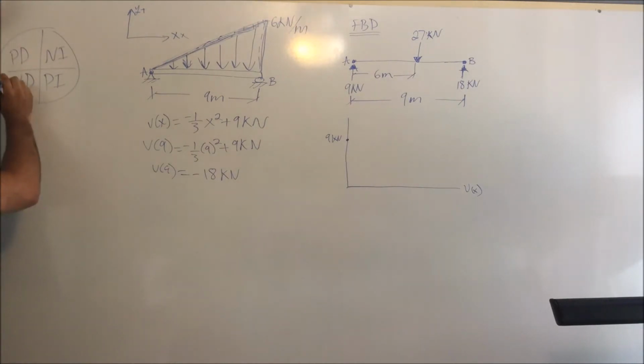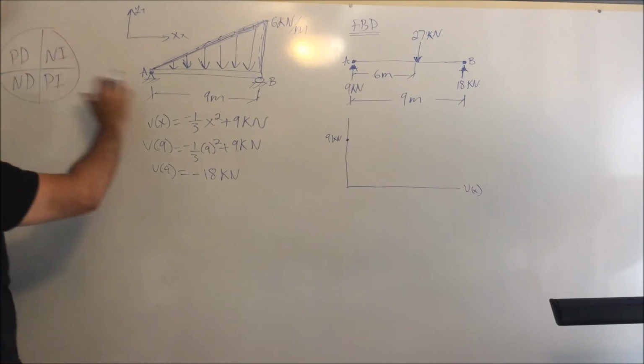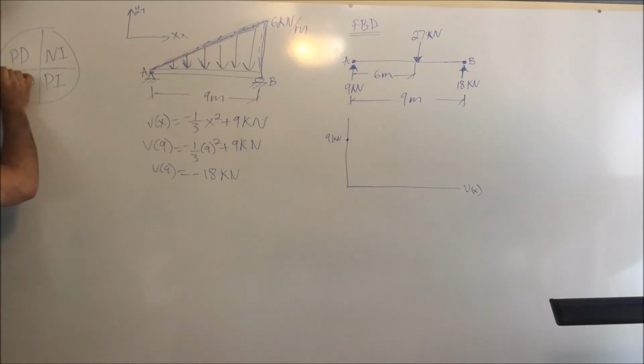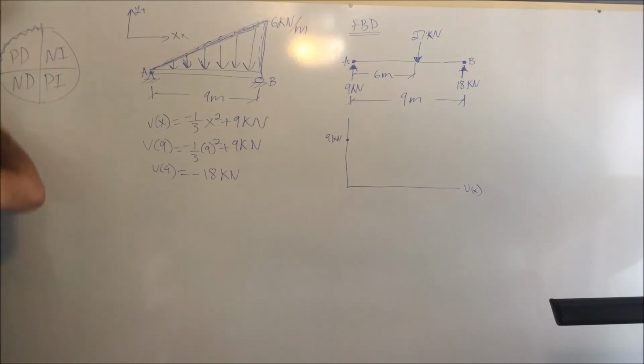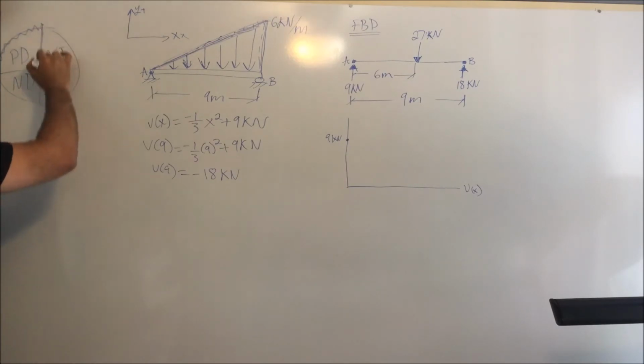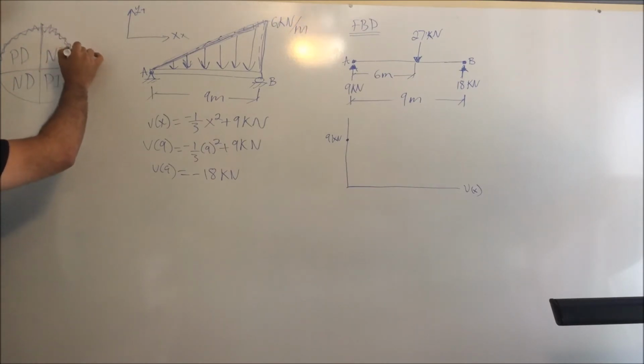Remember what I explained to you here: for any distributed load that looks positive and decreasing, this is the parabola shape you will be using right here. Or negative increasing, you will use this one right here.